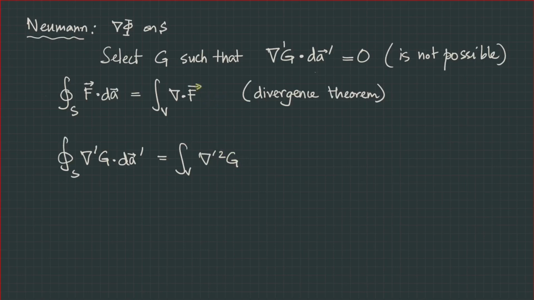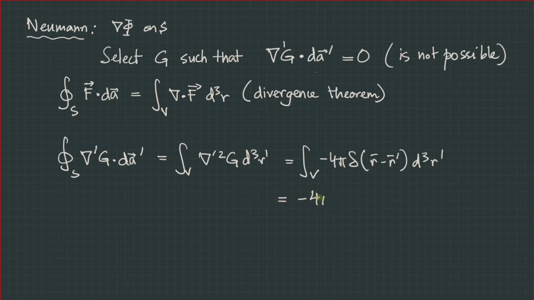I'm sorry, here we'll have the volume, and this we already know as minus 4 pi delta of r minus r', and by the property of the delta function, this is simply, I guess, minus 4 pi, because remember that we are solving the problem for r in V.